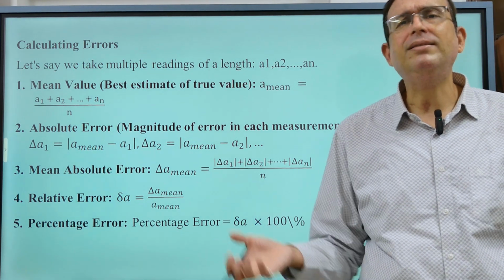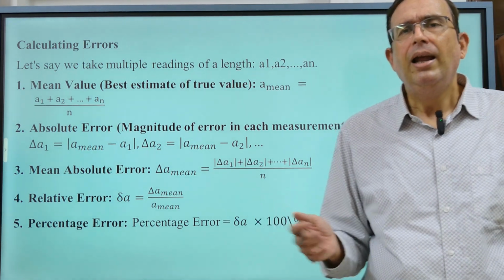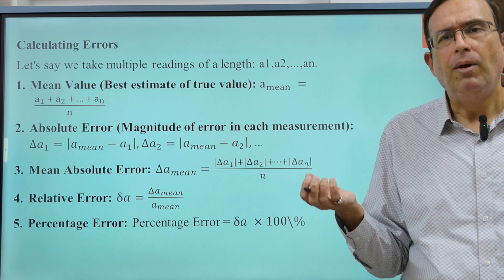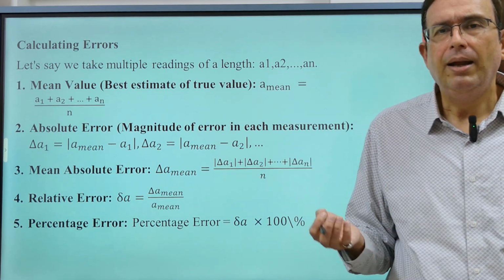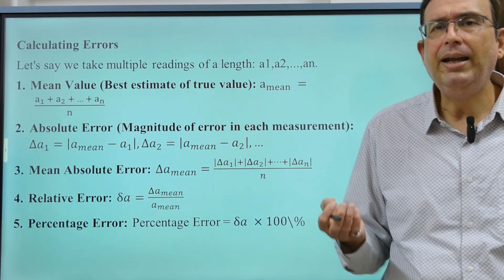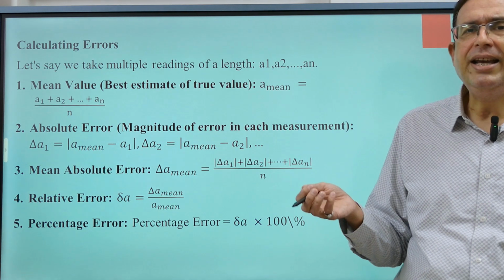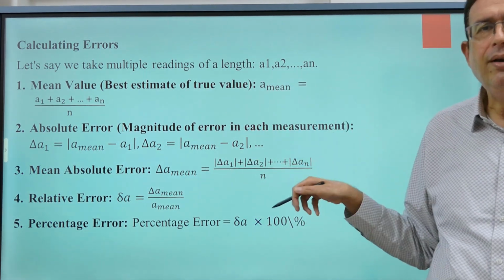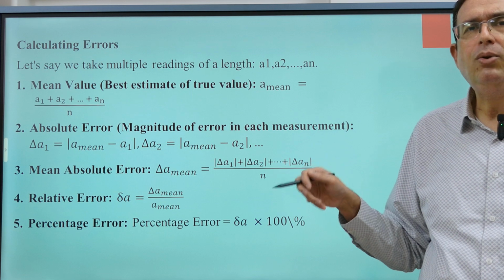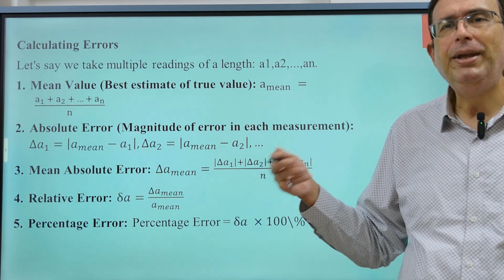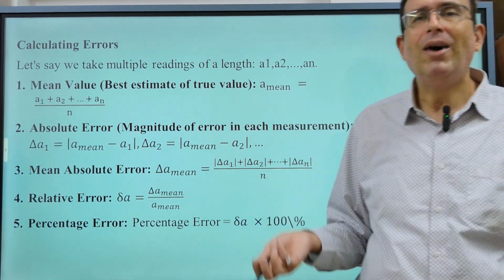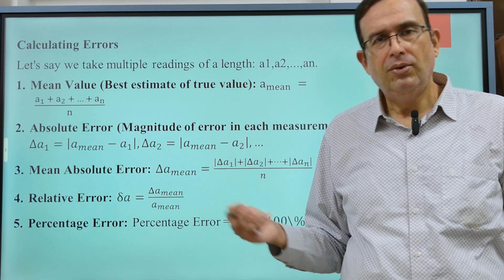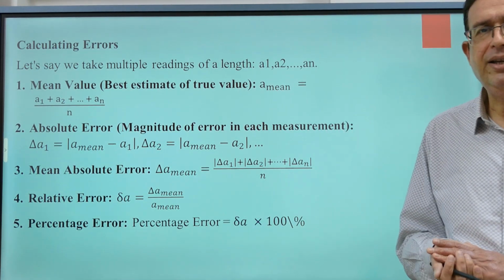So for example, with an error of 0.1 in 10 kg, the percentage error would be 0.1 divided by 10 times 100, which equals 1. So there is a 1% error. That is how you calculate the percentage error.